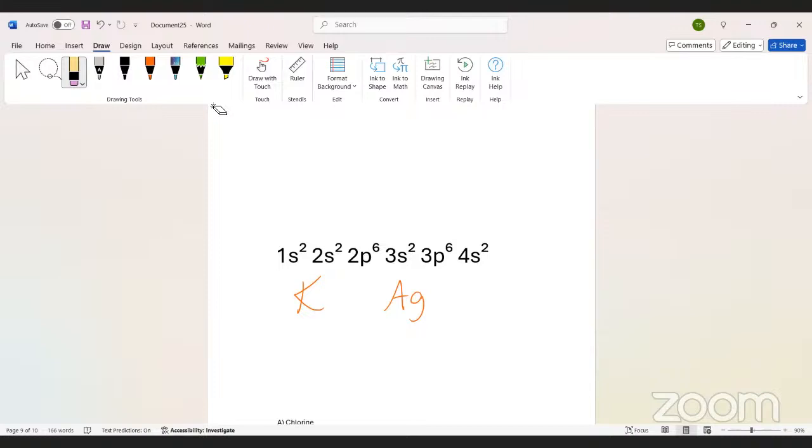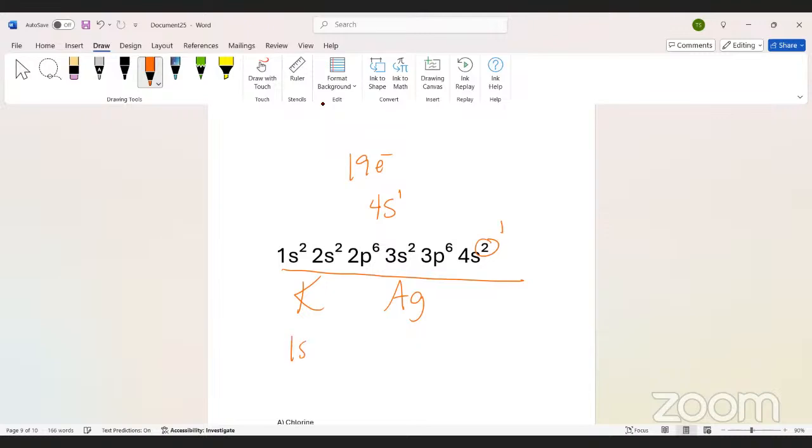Okay. If potassium has 19 electrons, it was in the S block. It was in the first one, the 4th energy level. 4S1 is the last thing you're going to write. So we're going to write all of this out, but when we get to 4S2, we're going to replace that with a 1.